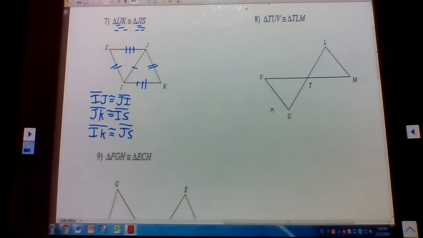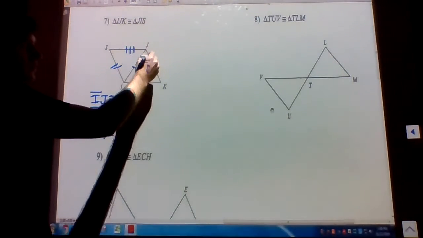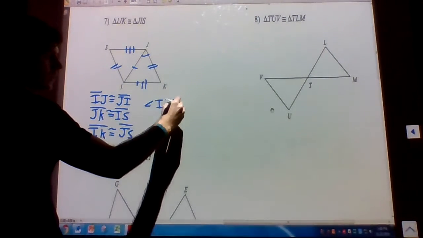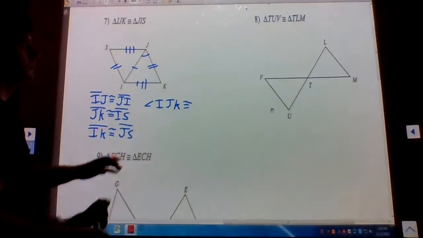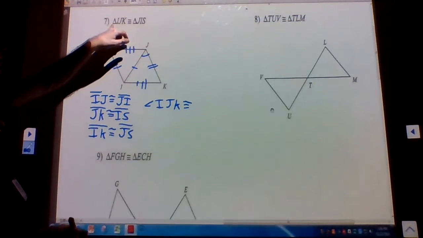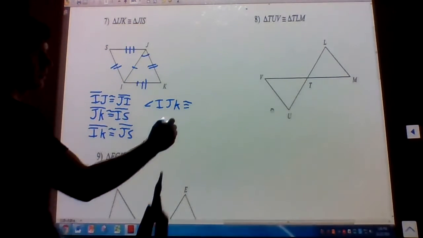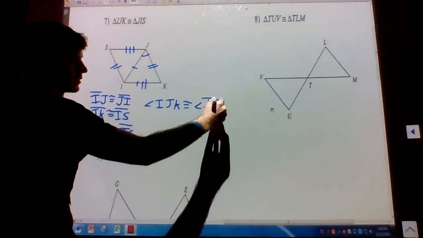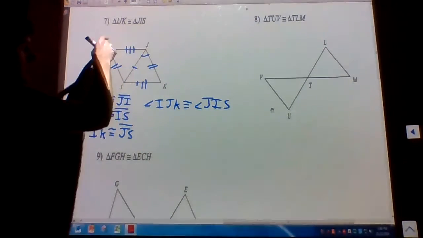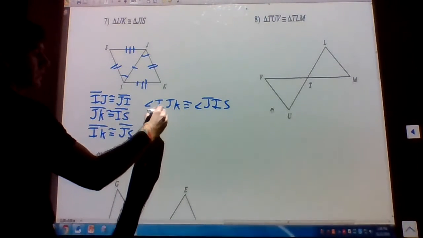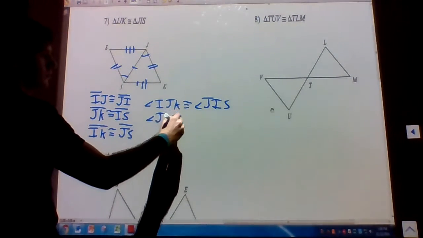Okay, and then we know angle... I'm just going to pick angles from this triangle. So angle IJK, and we just want to go in the same order here. So IJK is going to be angle JIS. Then we can go angle JKI, just move one down.